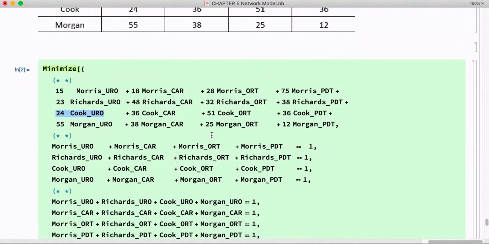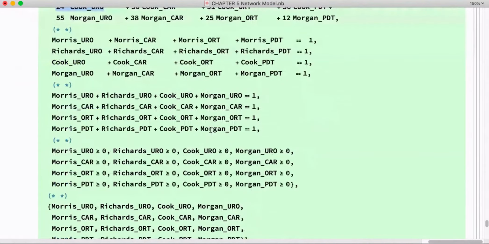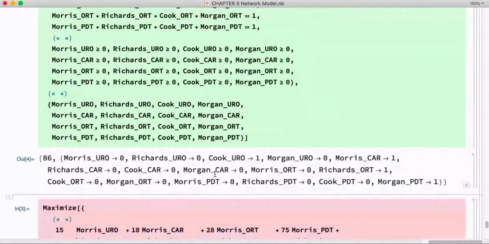Can you do the problem in the program so that whenever you solve it, the solution is going to have Morris in urology and not Morris in cardiology? The solution says Morris in cardiology.